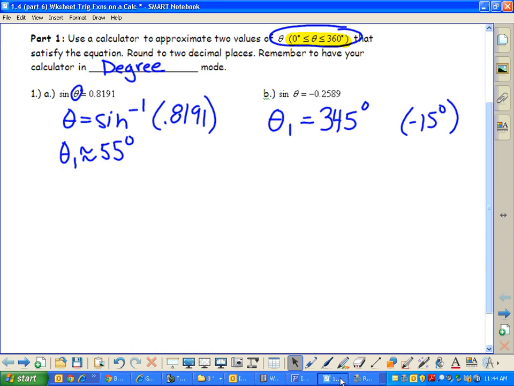In finding theta 2, step 1 is to draw theta 1. So 55 degrees. You don't have to bust out a protractor or anything like that. What quadrant is 55 degrees in?